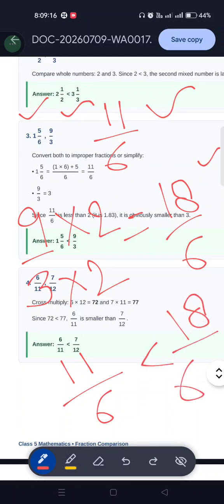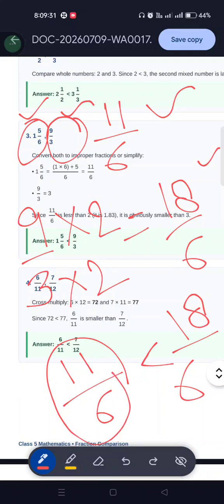So here the sign of less than will come. Okay, so you can say that here 1 into 5 upon 6 will be less than 9 upon 3, because 11 upon 6 is coming from 1 into 5 upon 6, and 18 upon 6 is coming from 9 upon 3. So you can say that 1 into 5 upon 6 will be less than 9 upon 3. Okay.